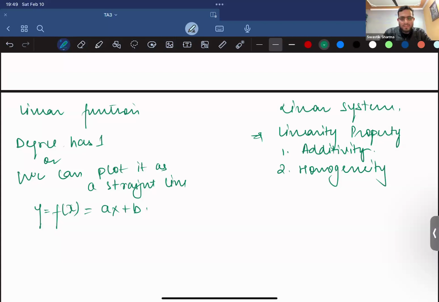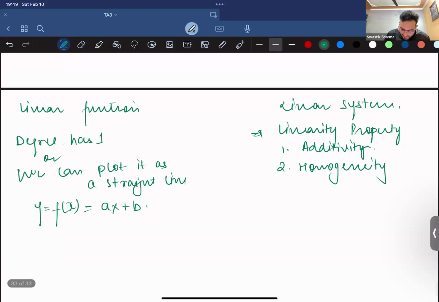So what is additivity? Additivity, as I know, is if we provide two different inputs, the output is equivalent to the sum of the individual outputs. Let's say we have a function ax. We give x1 as input and get output y1 as ax1.